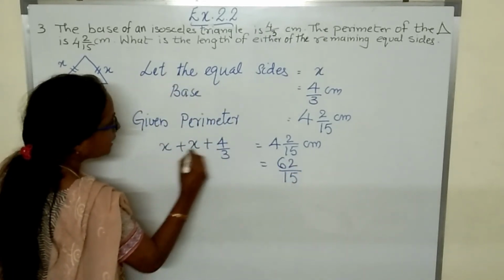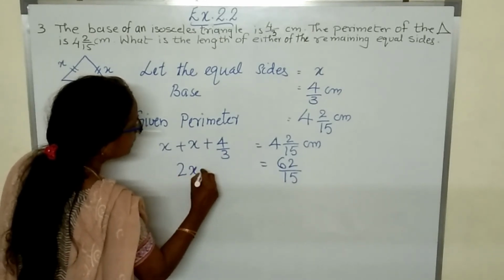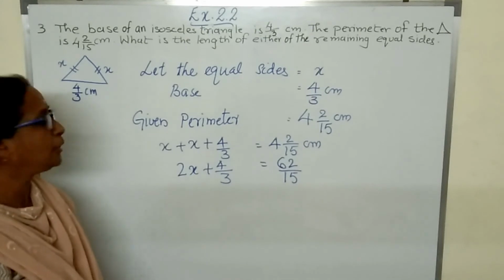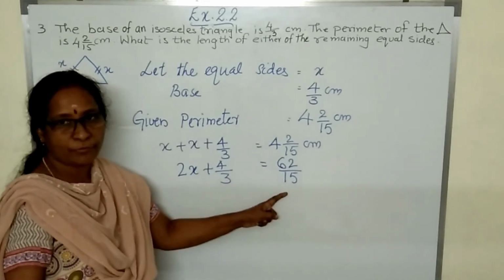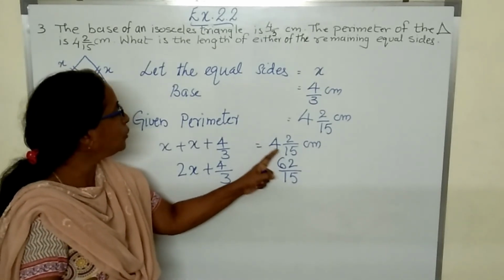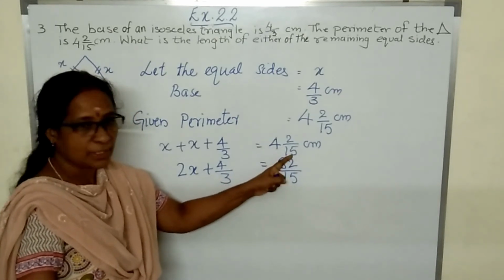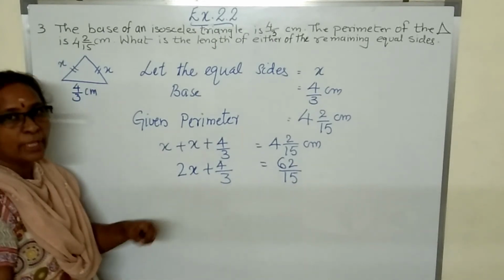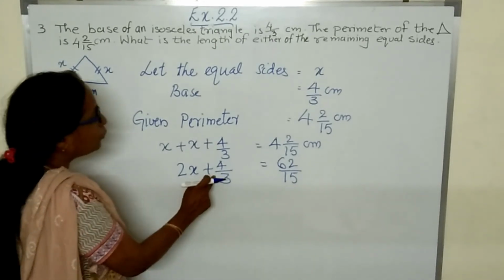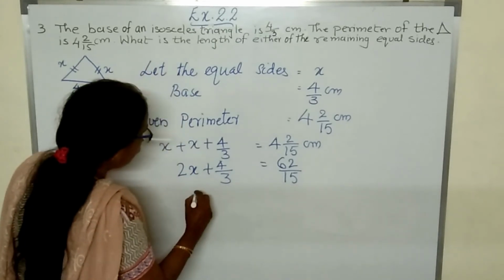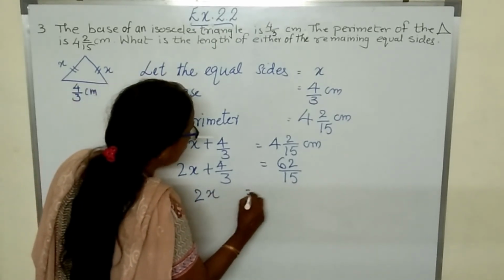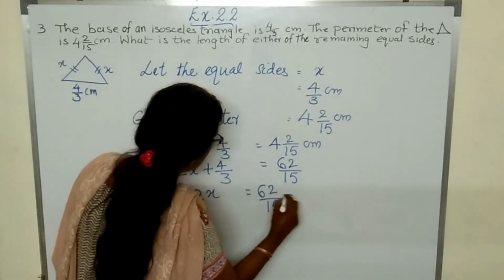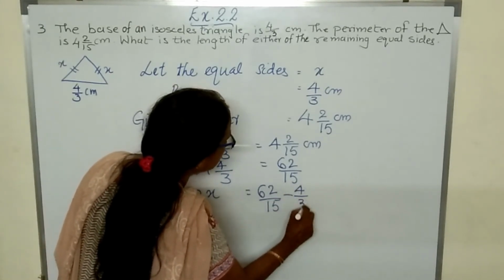And here x plus x is 2x. 2x plus 4 upon 3 is equal to 62 upon 15. How did you get 62? 4 15s are 60 plus 2, 62. Converting into improper fraction. Now take this 4 by 3 to this side. So what would you get? 2x is equal to 62 upon 15 minus 4 upon 3.